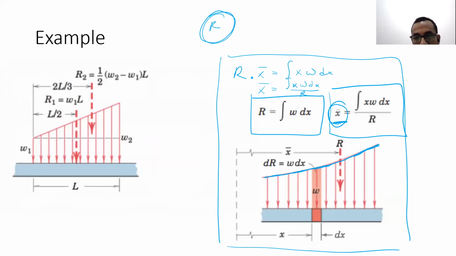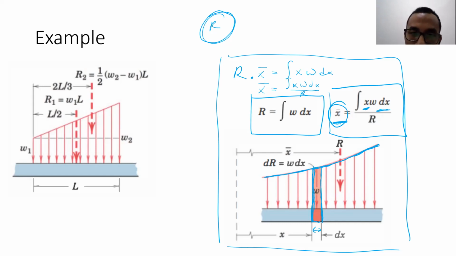What is the x inside the integral of X bar? Basically, when we do integration, we have to define the dx first. dx is any small length here, any small length inside the curve, right?